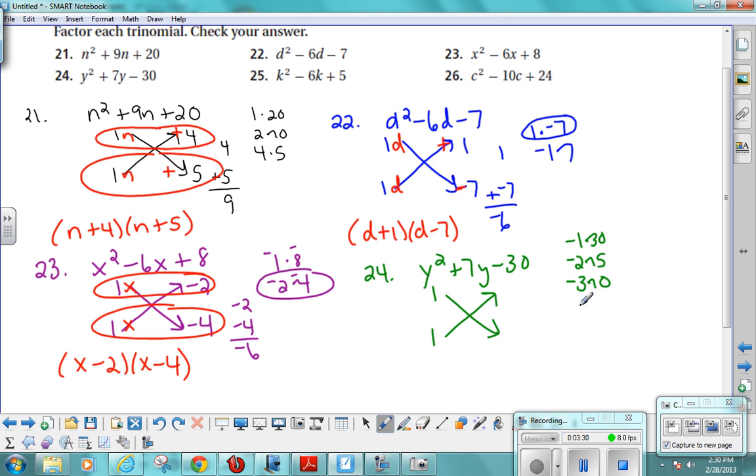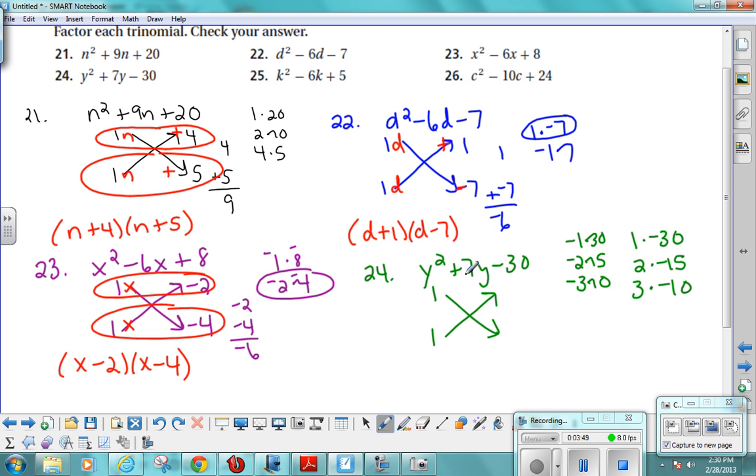Or no, 6 won't go in, 7 won't go in, 8 won't go in, 9 won't go in, but then 10's on my list. So now I had to check all those back up to 10. Or I could do a positive 1 and a negative 30, a positive 2 and a negative 15, or a positive 3 and a negative 10.